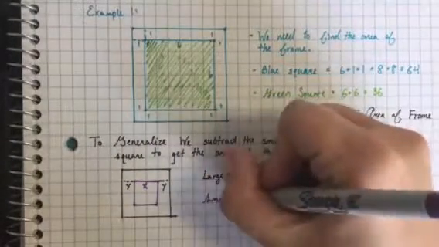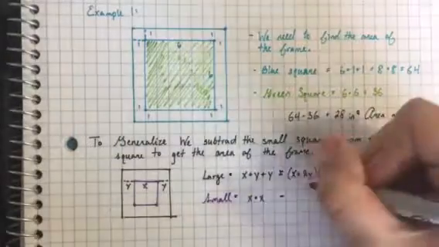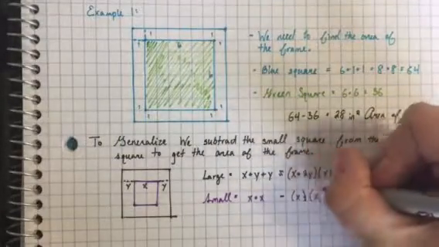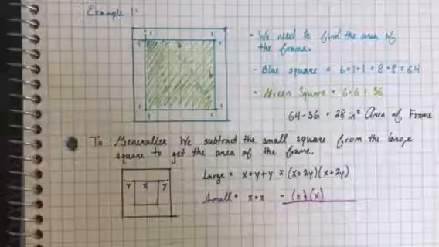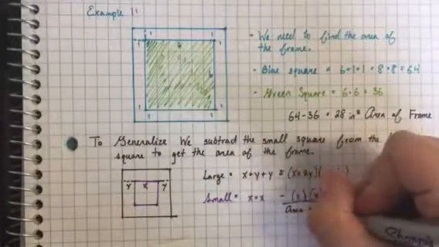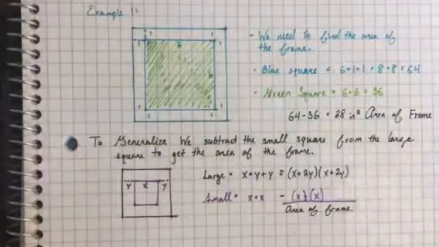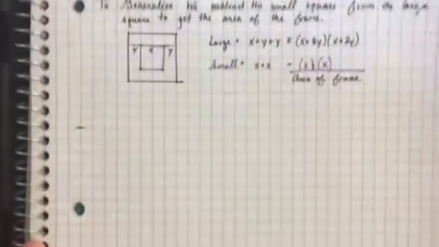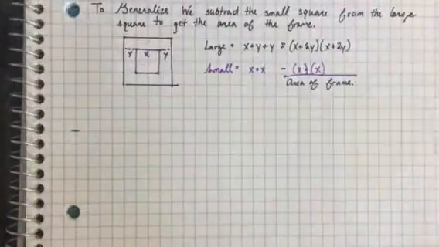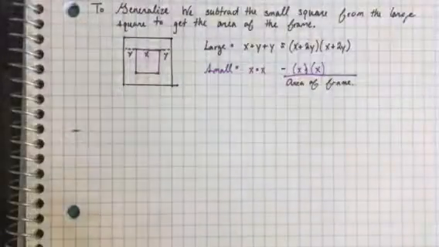The small square will have an area of x times x, or x squared. And subtracting the small square from the large square is still going to give me the area of the frame. So we can follow this model in different scenarios and still get an accurate solution.